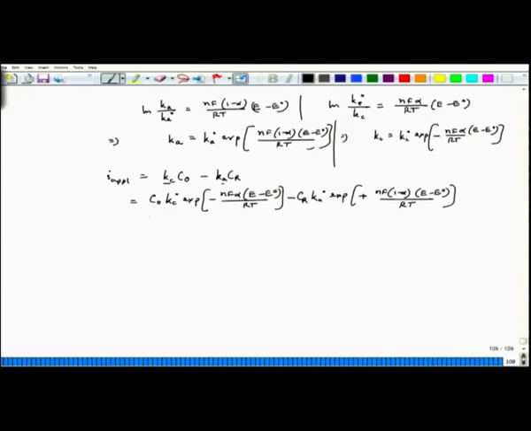Now, if we assume that Co and Cr are equal, these concentrations are equal, that means whatever number of ions are forming on the outermost layer is equal to the number of atoms that are coming out.